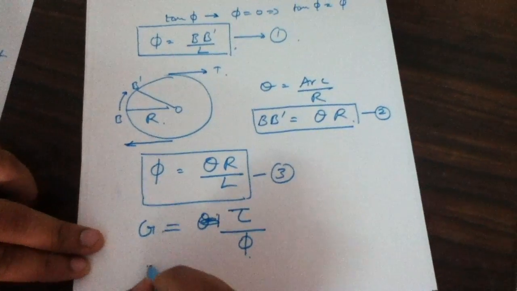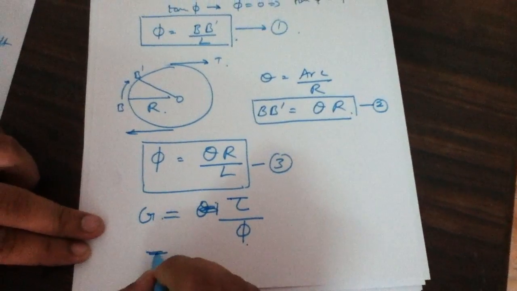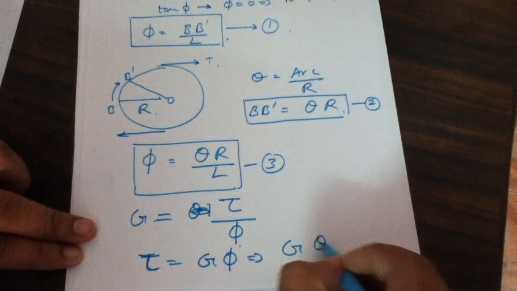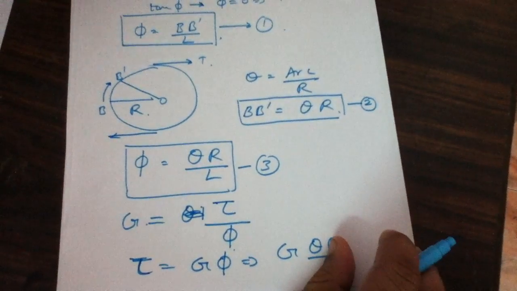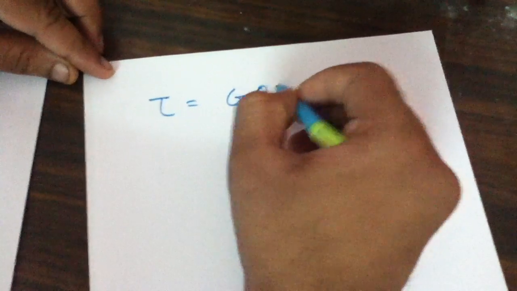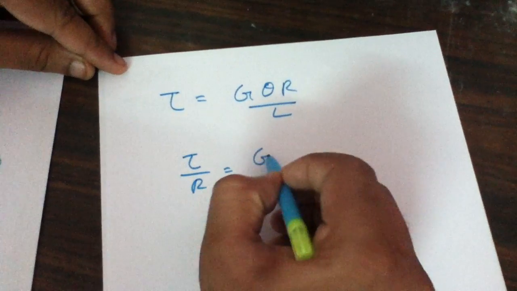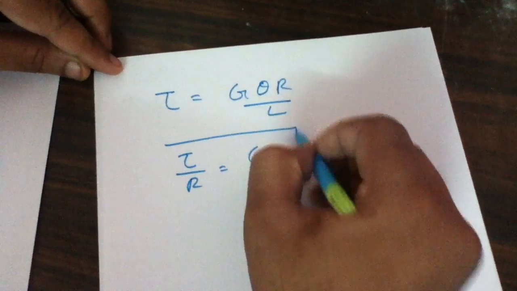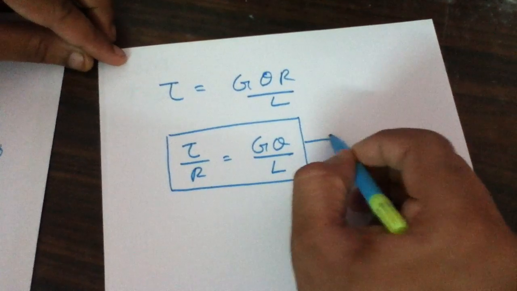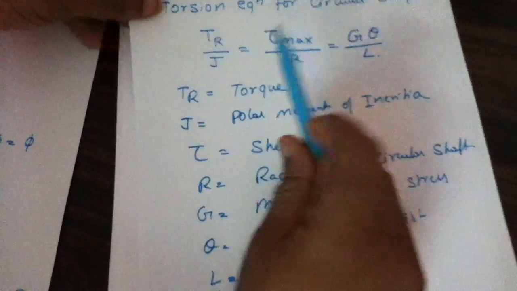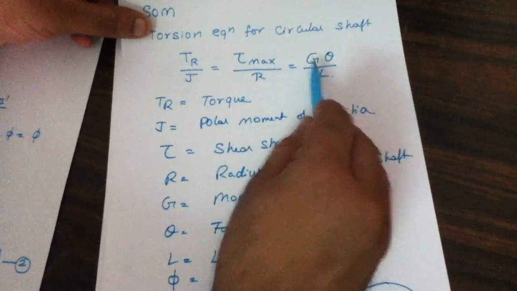Now substituting, shear stress is equal to G into phi, G into theta R by L, and finally we come to a conclusion that shear stress is equal to G theta R by L, and we can bring this R here, and we came to a new equation, and this is the first part of the equation, where this and this.